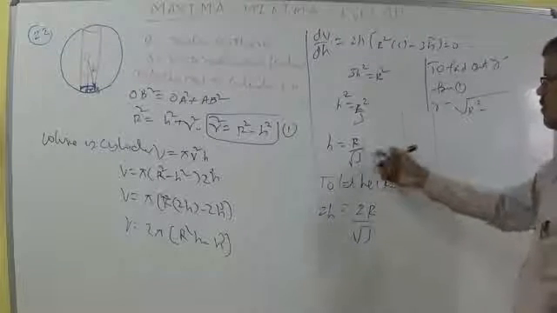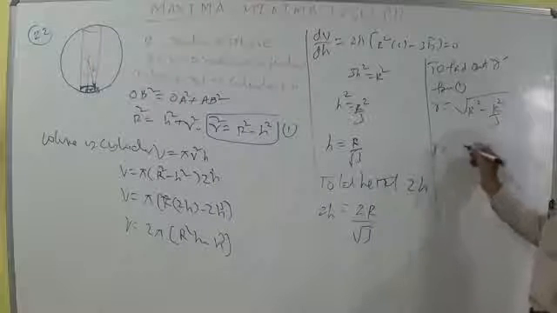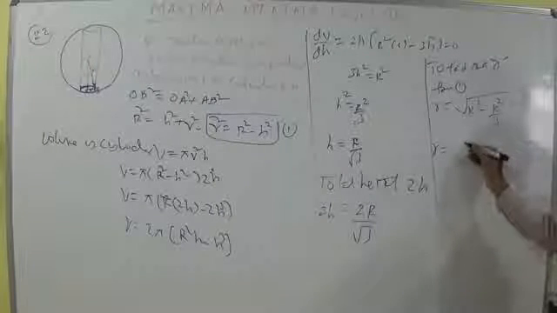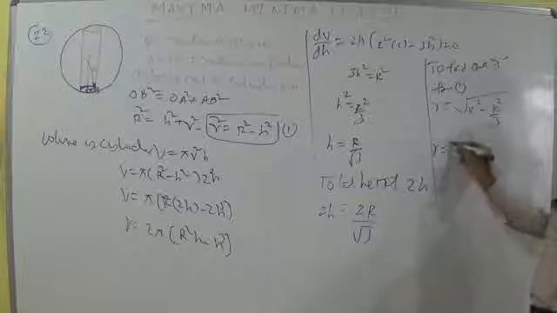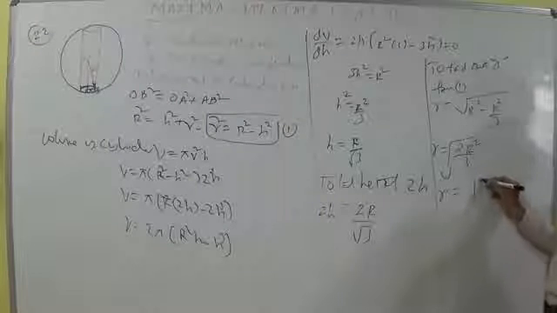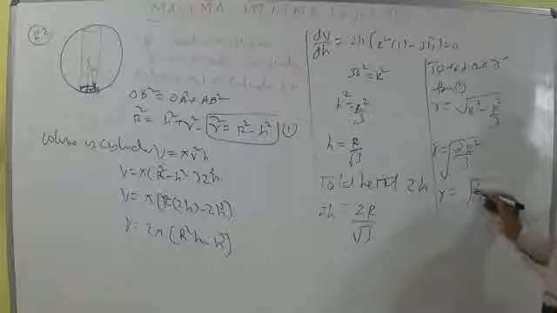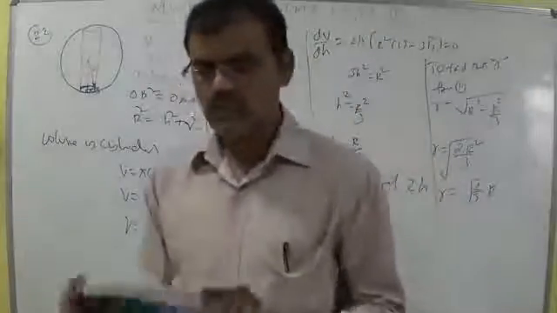Now the value h we got is R square by 3. So small r is equal to root of 3R square minus R square, that is 2R square by 3 over root, and small r is equal to the square root of 2 by 3 into capital R. Here it is the third option.